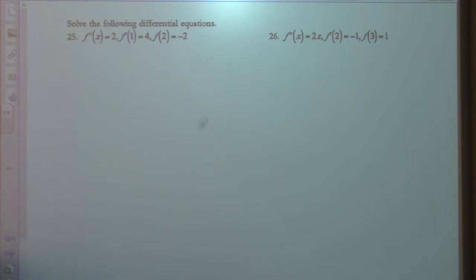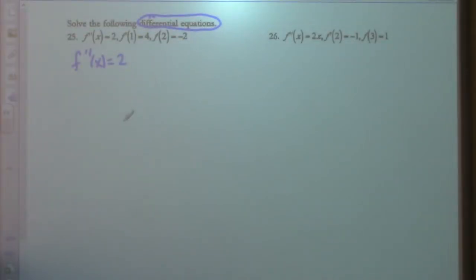What happens is, when you see differential equations, what this means is you're going to do something, and you're given this function here, where you have f double prime of x is equal to 2.